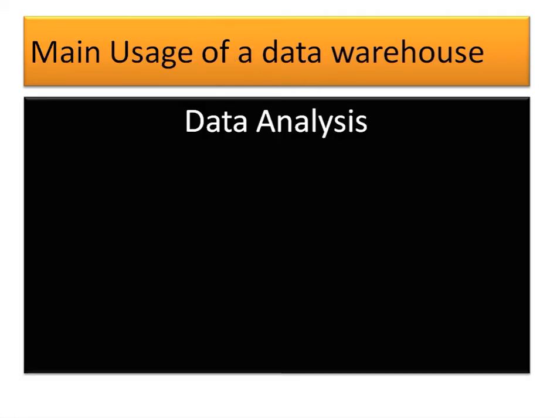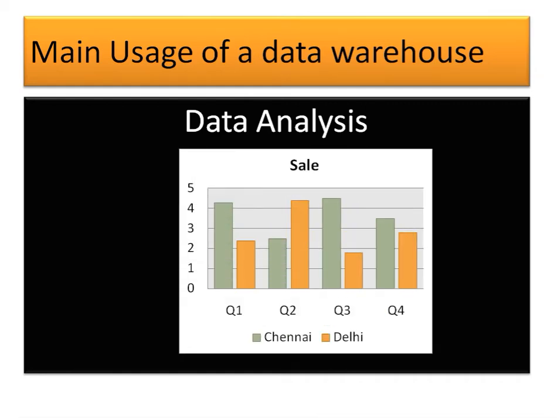And what are the main uses of a data warehouse? From the beginning, we were talking about the keyword data analysis. We have discussed an example for data analysis. We are going to discuss the same thing again to recollect it. In terms of data analysis, it will be done based on different parameters.